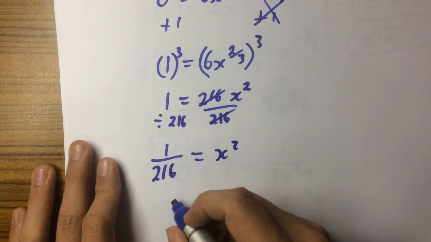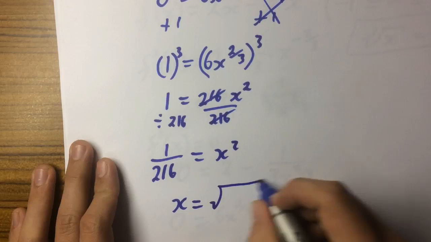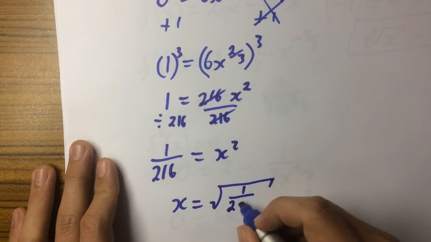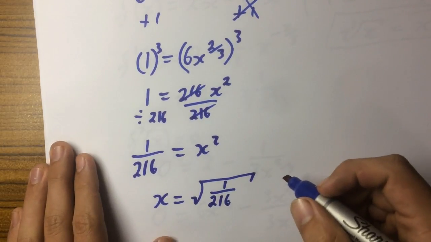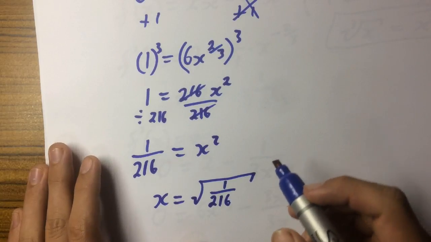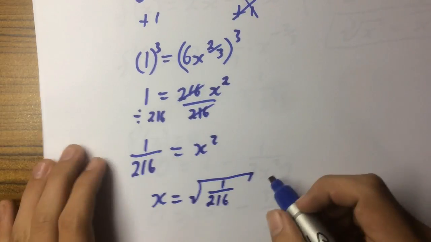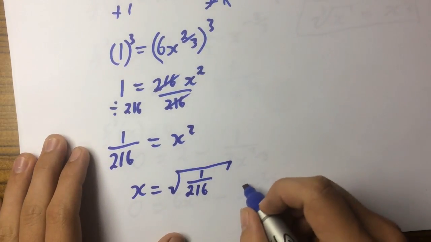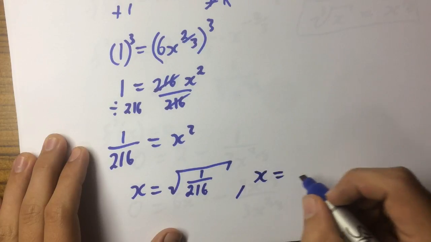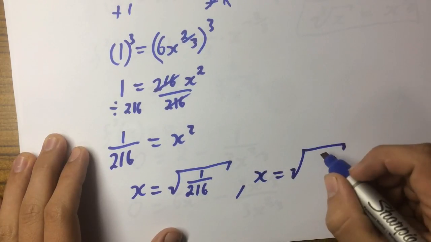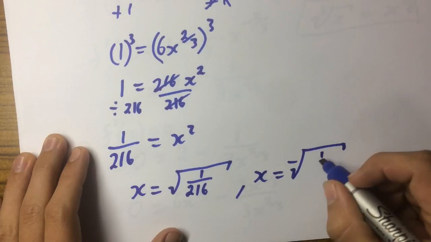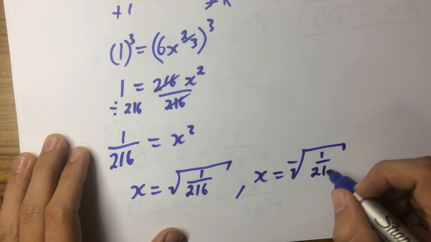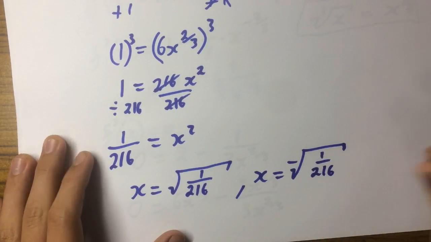And square root both sides, we end up with x equals the square root of 1 over 216, or, which is our other x value, x equals the square root of 1 on 216, but there's a negative in front of it.